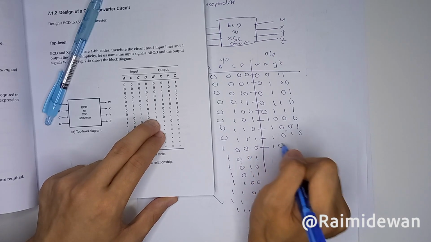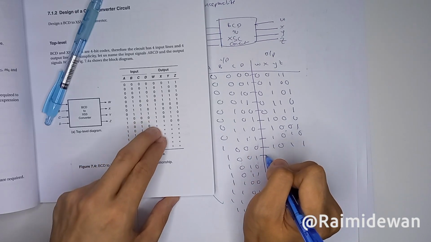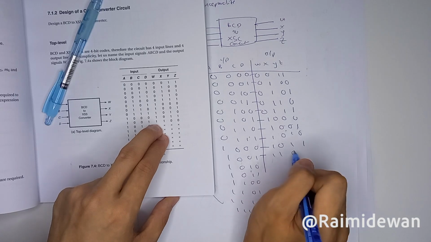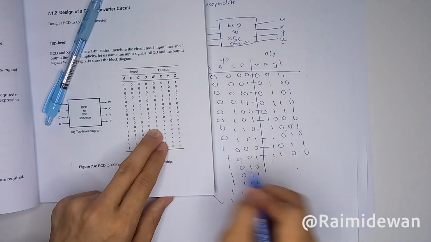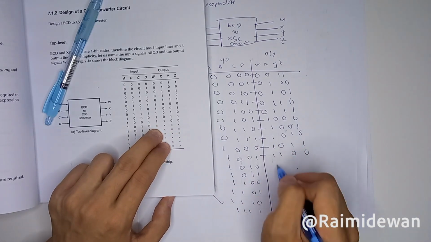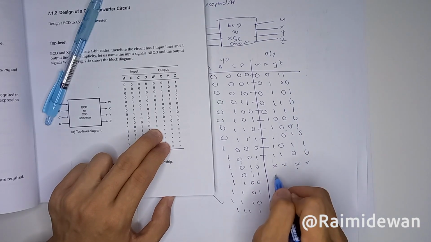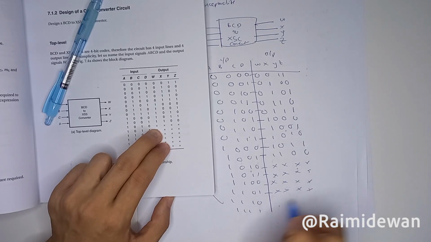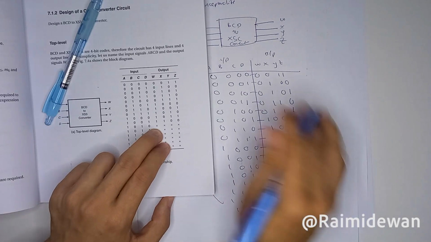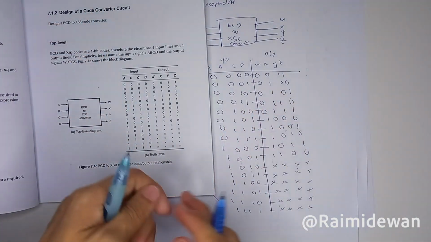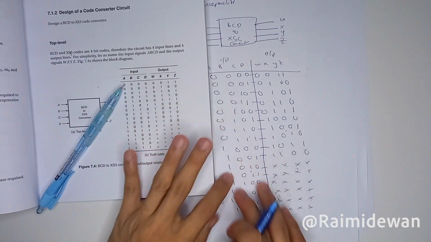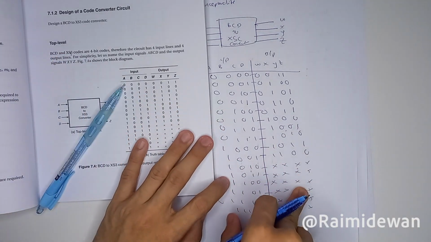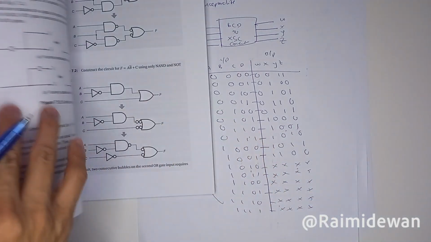This one is 1, 0, 1, 1. This one is 1, 1, 0, 0. And then starting from here, it is a don't care. So what you can imply by this is you don't consider this input combination because you don't care what the output is there.